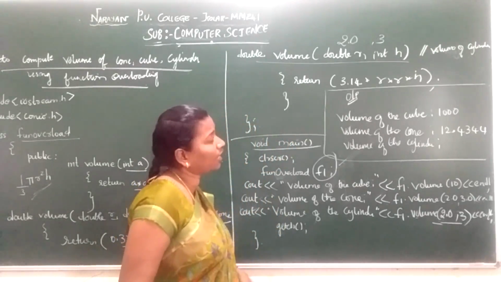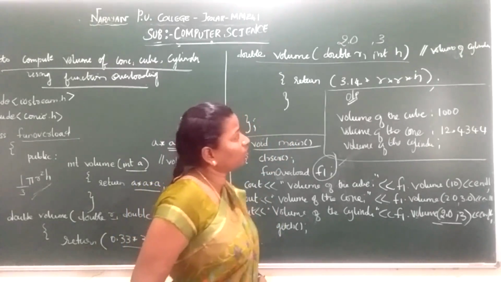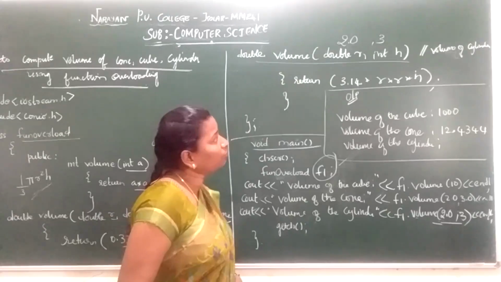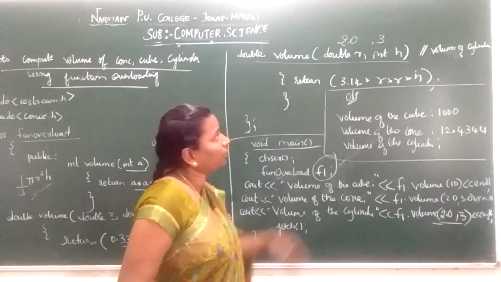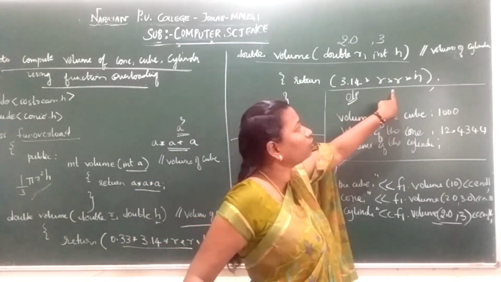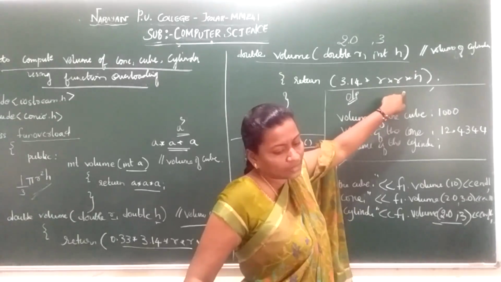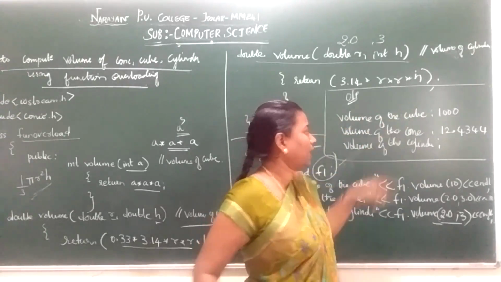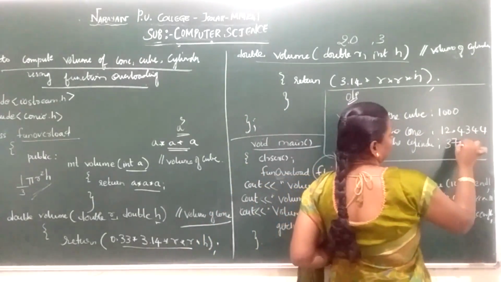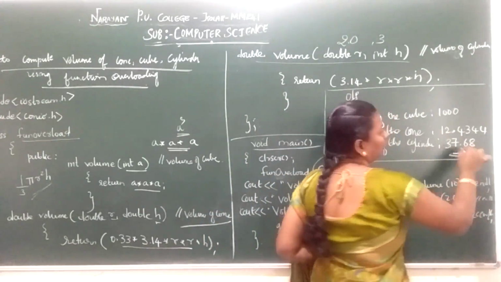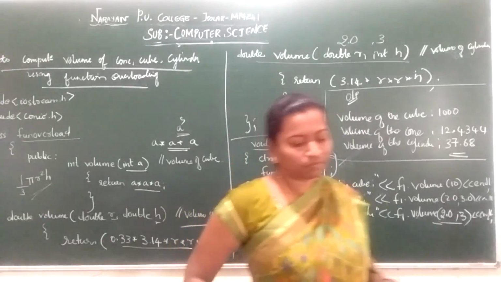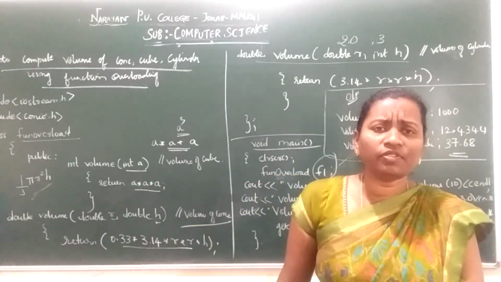Height is h, which is an integer value, and I have given it as 3. When you multiply 3.14 into 2.0 into 2.0 into 3, what is the value you are going to get? The volume of the cylinder is 37.68. Now this is the example for function overloading.